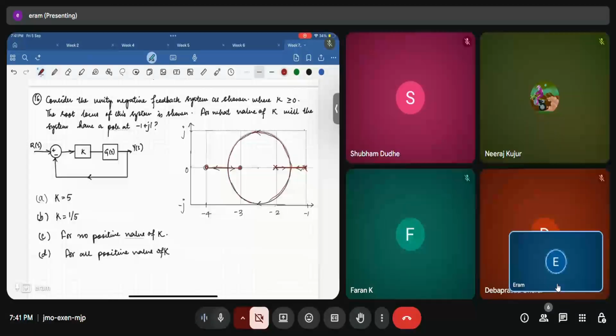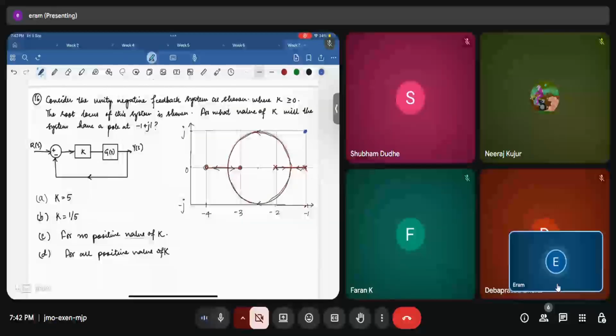Now first, where will this point lie on the s-plane? -1 plus j1. So -1 is this point and plus j. So this is the point -1 plus j, shown in blue.